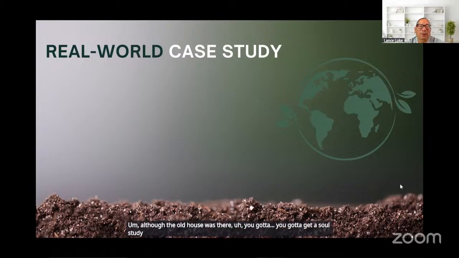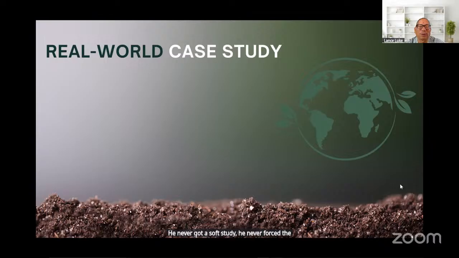So he was guilty because he never got a soil study. He never forced the owner to do it. He didn't have to pay for it. He could have told the owner, you know what? You have to hire an engineer and get a soil test done so I know how to build the house, but he didn't. So that's why he ended up losing the case.